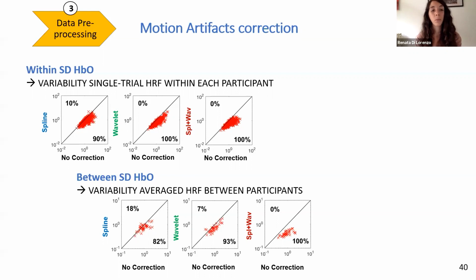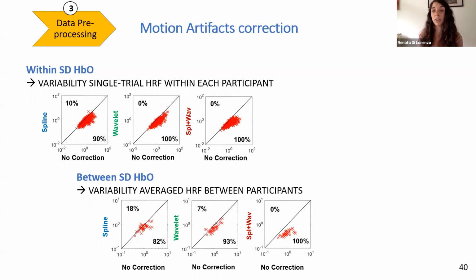Then we move to the between standard deviation metric. Here we were interested to see whether the variability between participants was decreased due to the processing pipeline used. And what we see is that spline and wavelet were the best in reducing such variability.